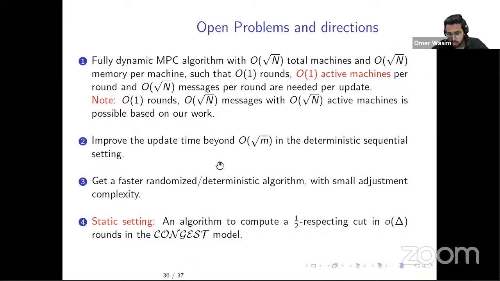In the static setting, the best known algorithm that we know to compute a half respecting cut actually uses almost delta rounds in the congest model, and this is a very natural open problem which arises from this work. So you'd like to get a small O of delta round complexity in the static congest model.